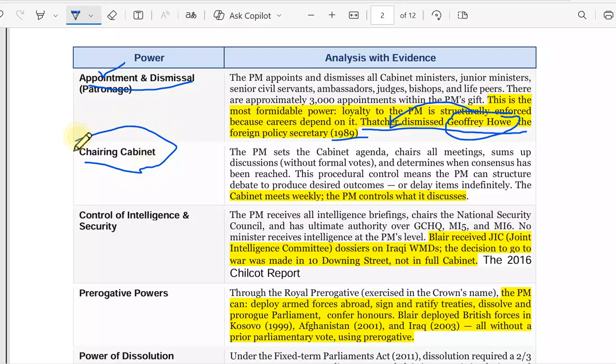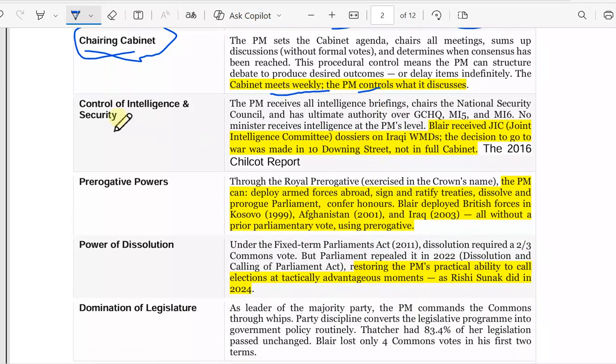After the appointment, the prime minister chairs the cabinet. He is the leader of the cabinet, and the cabinet meets weekly, and the prime minister controls it. Next, he controls the intelligence. It was Tony Blair who received the Joint Intelligence Committee report about the Iraqi weapons of mass destruction.